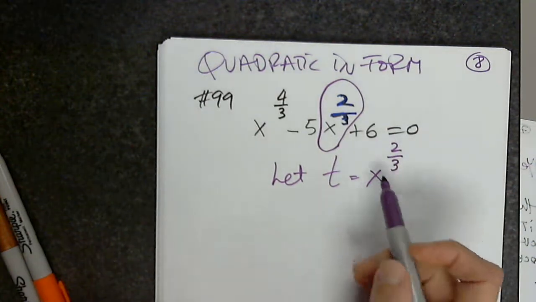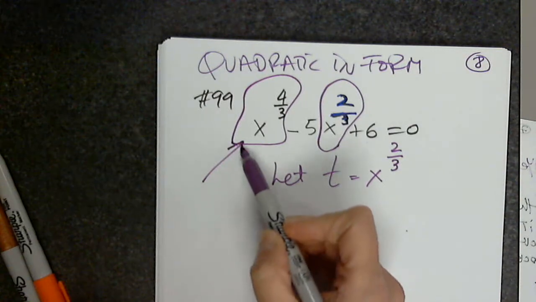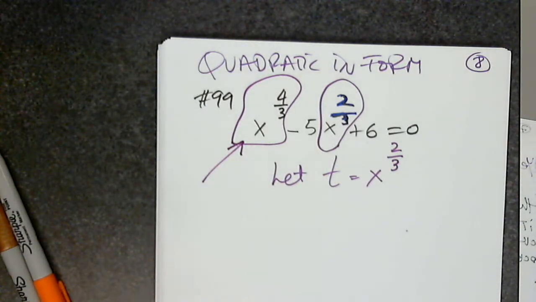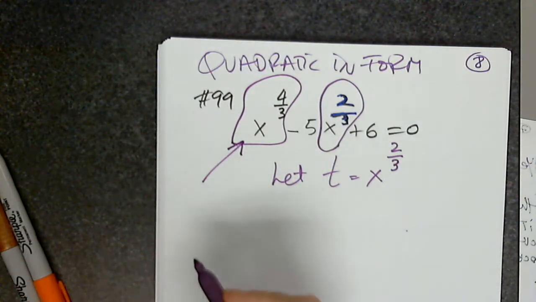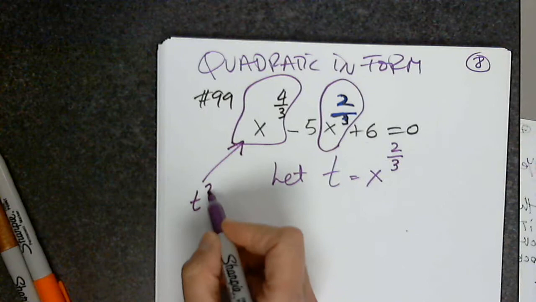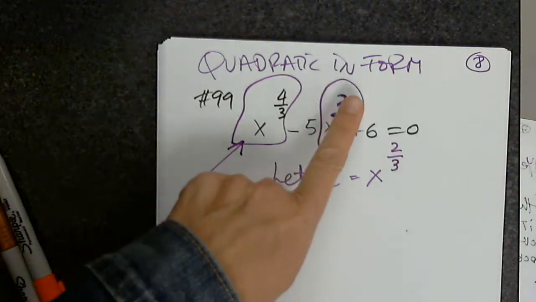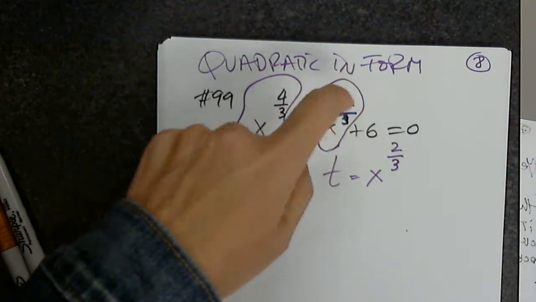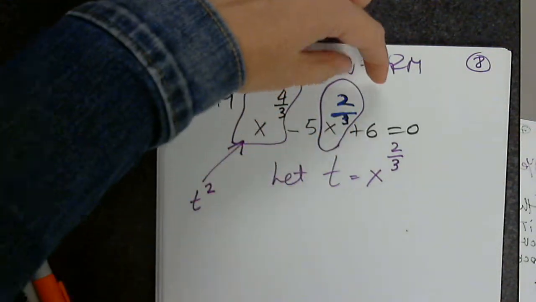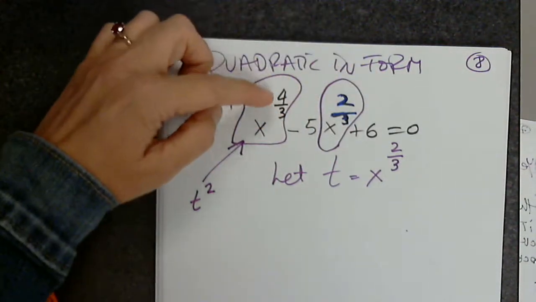If I denote this by t, obviously it's clear that this must be and will be t squared. Indeed, absolutely. If I square this, I copy the base and multiply the exponents. 2 over 3 times the square will give 4 over 3.